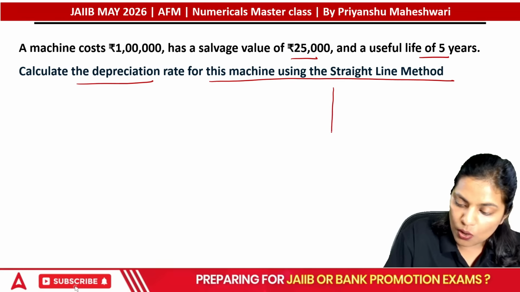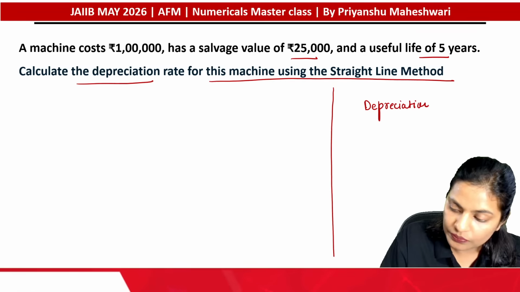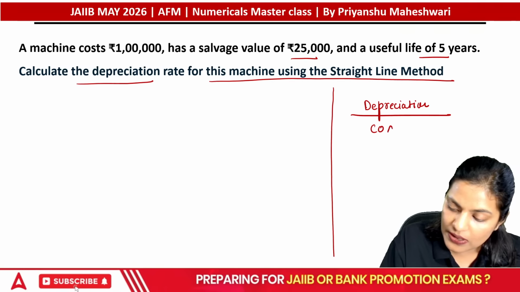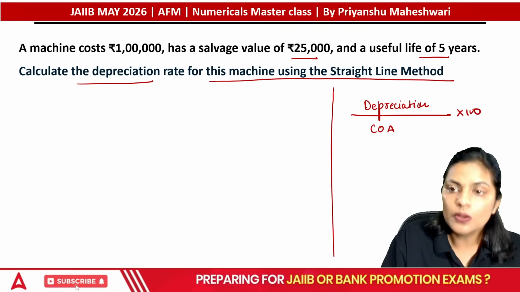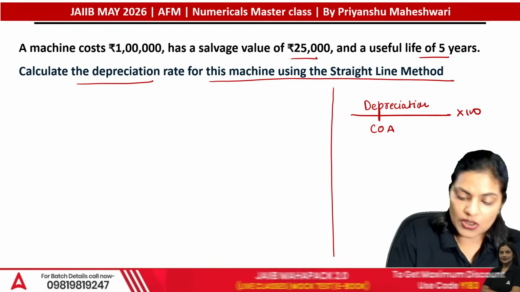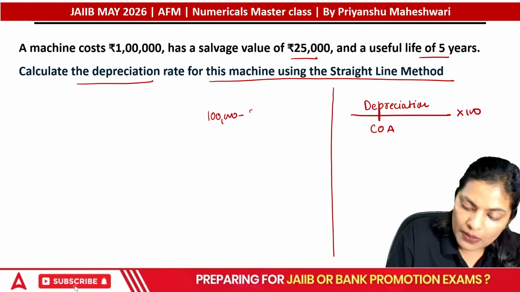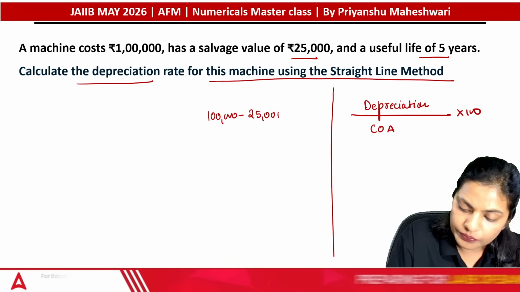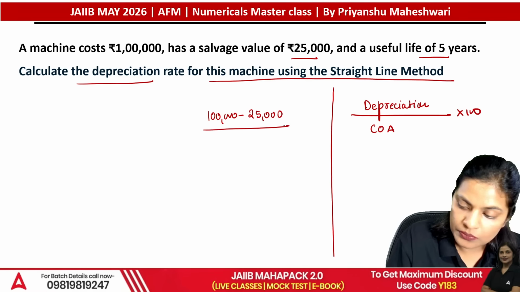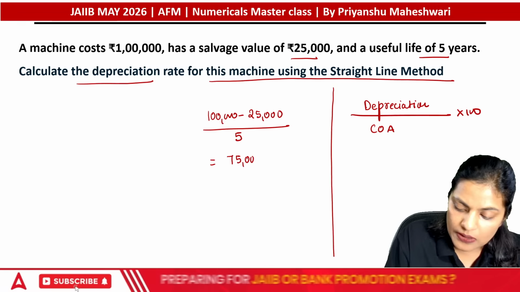Now, in order to calculate the rate, we need the depreciation amount, and then cost of asset into 100. They have not given us depreciation also, right? So, 1 lakh minus 25,000 divided by 5 years. So 75,000 divided by 5.